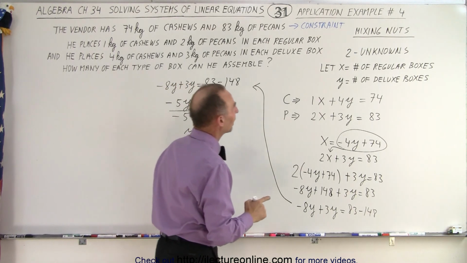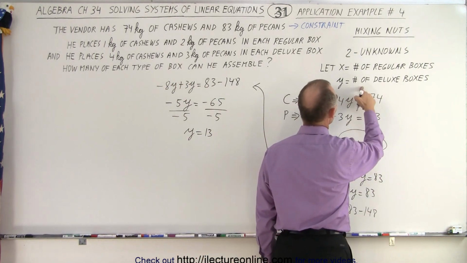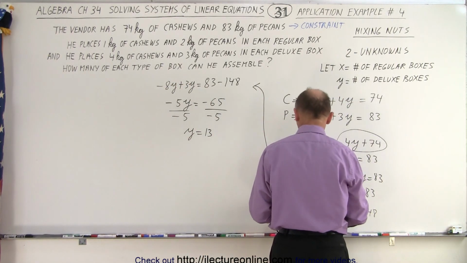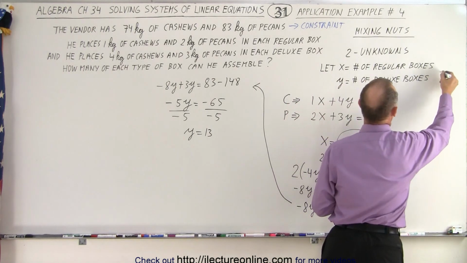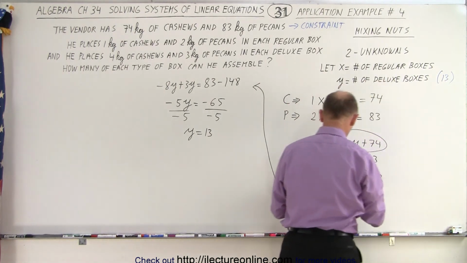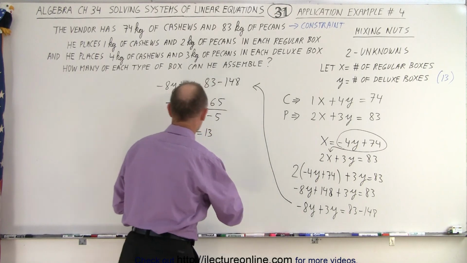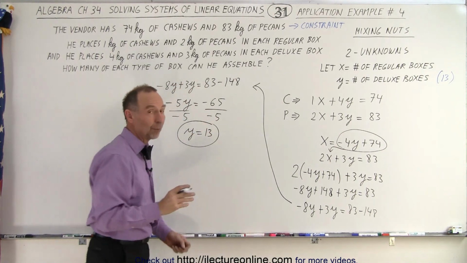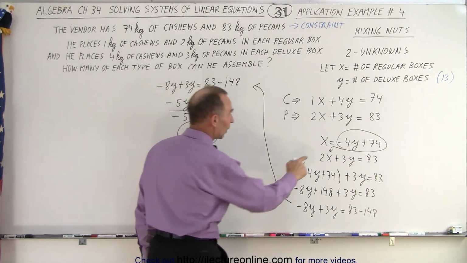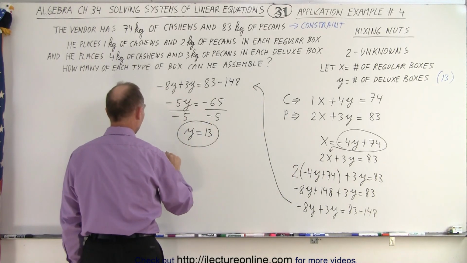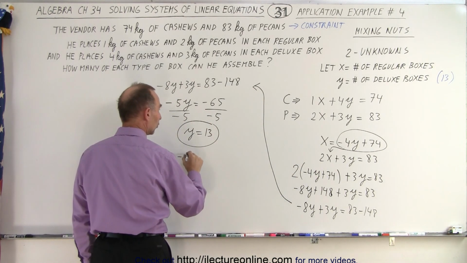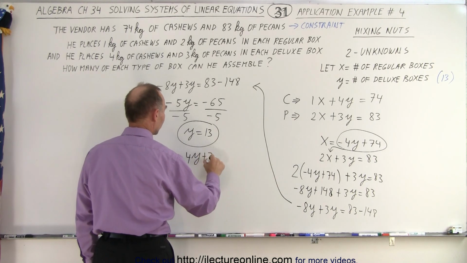Now remember that y is the number of deluxe boxes, so that means that our first answer is we have 13 of the deluxe boxes. But now we need to know the number of regular boxes. Well, our equation's right here, x is equal to minus 4y plus 74.